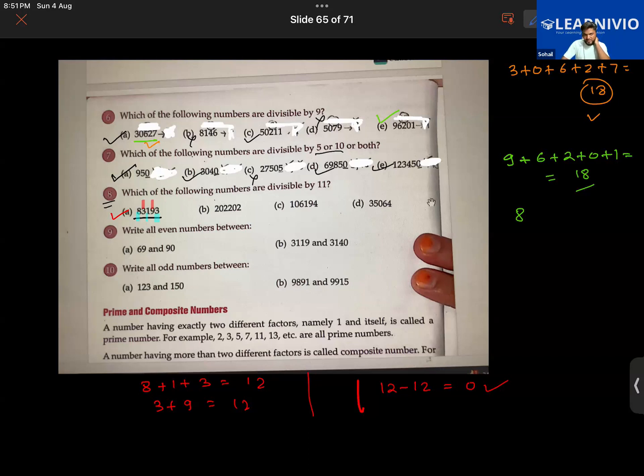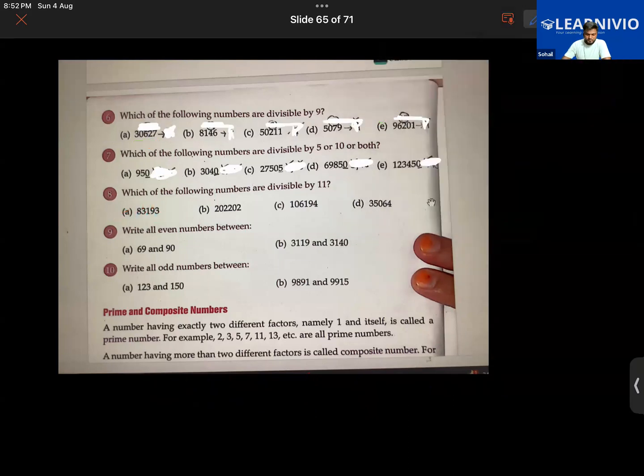Once you have learned how to take the alternate pairs properly, then 50% of the work is done. Sir, it's divisible. Okay.